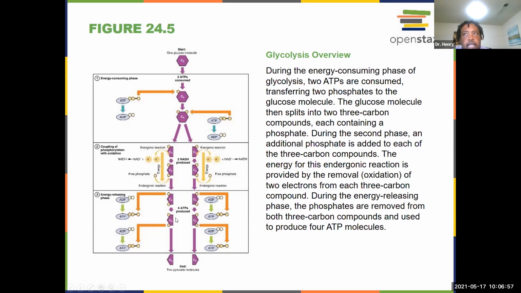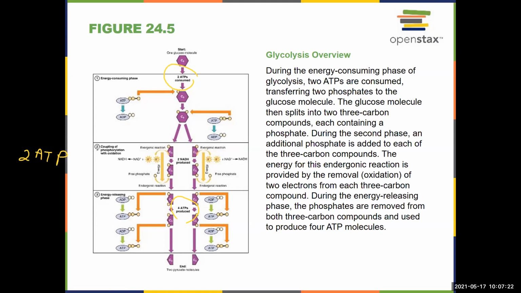Now, this is all in glycolysis. Remember, I told you that overall, you have 2 ATPs that are generated. Are you with me? So we used up 2 here, and we made 4. So the total number is 2 ATP. Make sense? Yes. Okay, good. So while we consume, we also double what we make. Isn't it pretty cool?